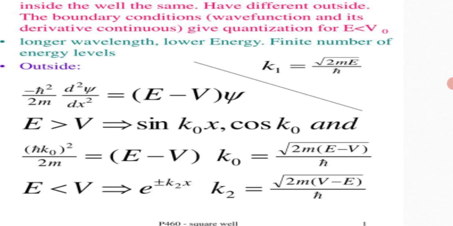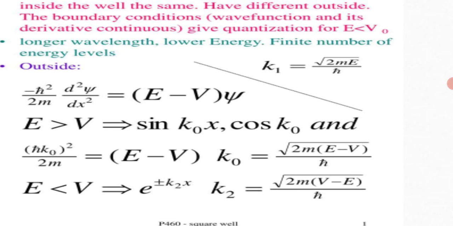Now, from the Schrodinger equation, minus h cross square upon twice m, d2 psi by dx square, is equal to (E minus V) psi. If the energy E is greater than the potential V, then the solution is sine of k0x and cos of k0x. Putting it in, h cross square k0 square upon twice m is equal to E minus V. So k0 is equal to the square root of twice m (E minus V) upon h cross.